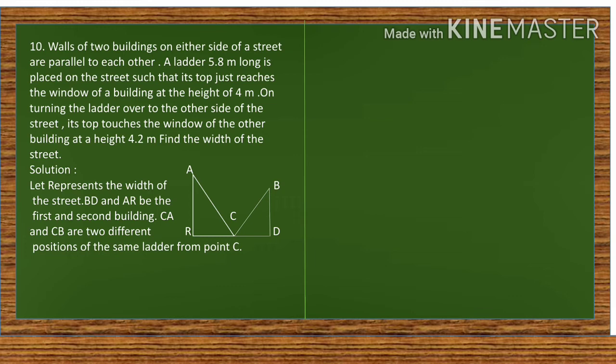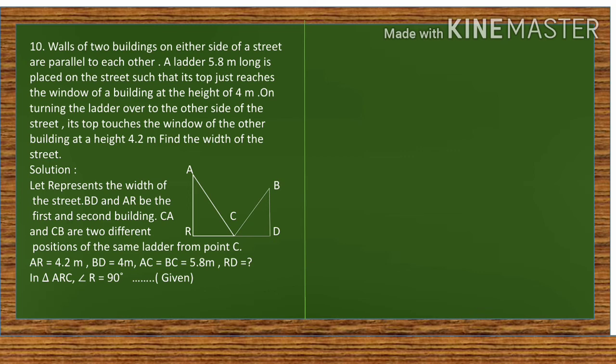CA and CB are the two different positions of the same ladder from point C. Which values are given? AR, that is the height of the first building, is given as 4.2 meter. BD, that is the height of the other building, is given as 4 meter. AC is equal to BC because they are the same ladder, that is equal to 5.8 meter. Here we have to find out the width of the street, that is RD.